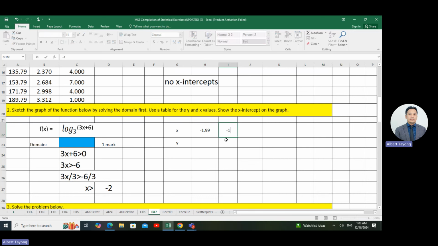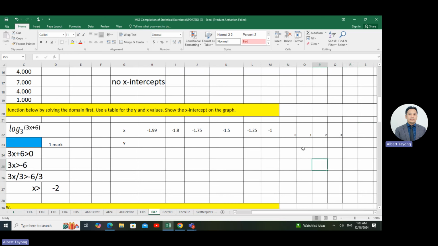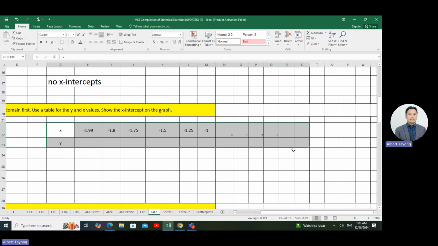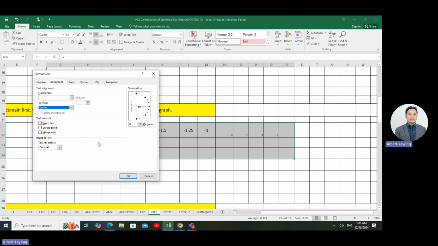Okay, negative 1.8, you can also try negative 1.75, negative 1.5, okay, negative 1.25, negative 1, 0, 1, you can have 2 here, 3. You can continue actually. You can keep on going.